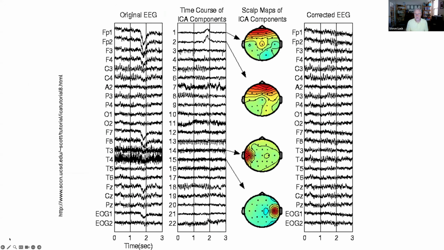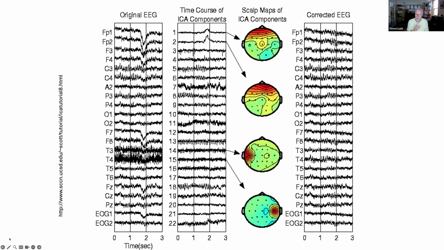Here's a figure from a very early study from Scott Makeig's lab. Here's one epoch of EEG. You can see a blink here, you can see muscle noise there, and the blink spreads to multiple electrode sites. Once you apply ICA to the entire data set, we can see the time course of these 22 components.